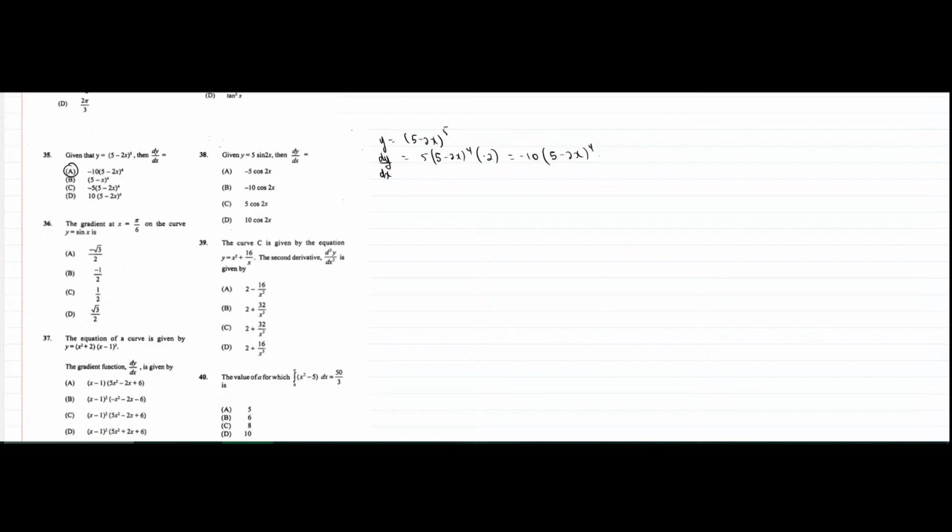Now, the gradient at x equal to pi on 6 on the curve y equals sine x. Calculus again: if y is sine x, dy dx is equal to cosine x, at x equal to pi on 4, cosine of pi on 4, that is cosine of 45 degrees, that is 1 on root 2.